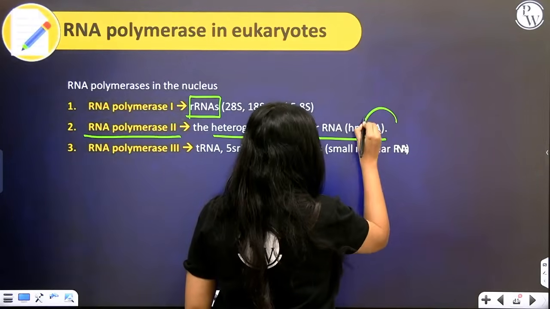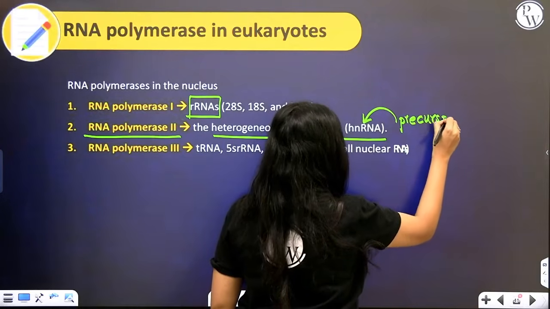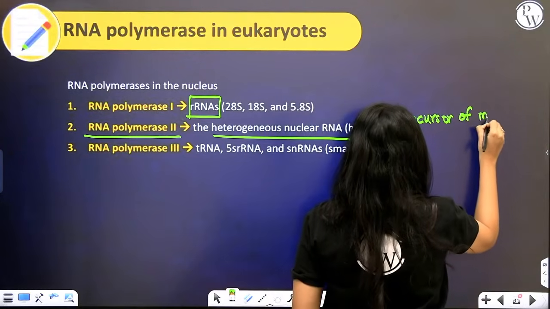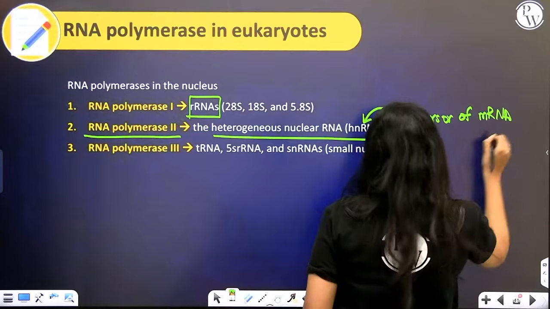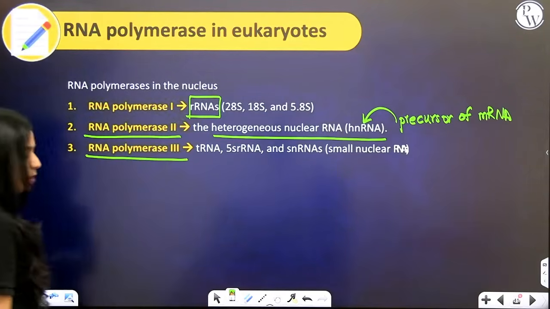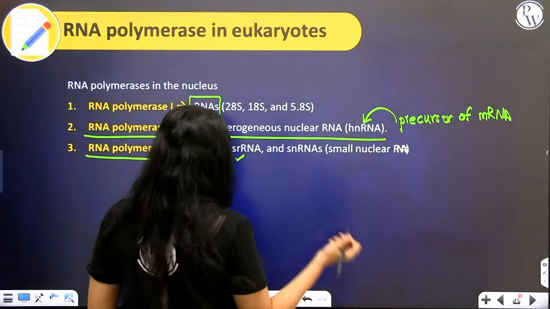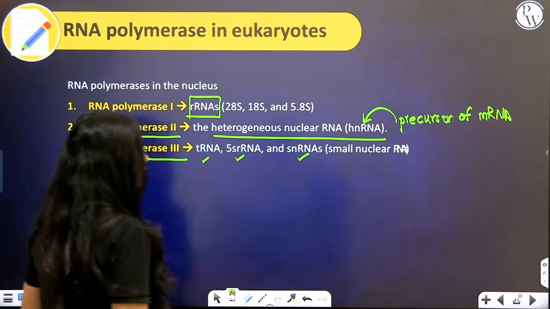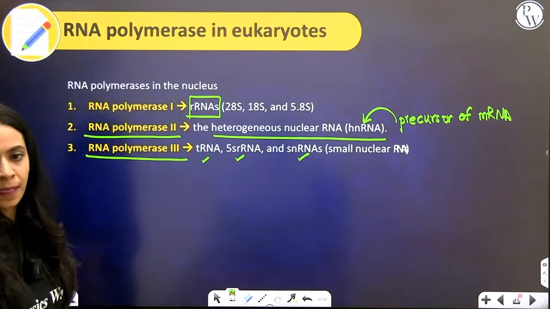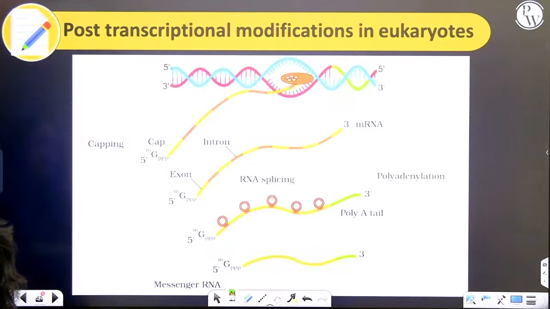This basically is a precursor of mRNA. We'll learn about this in just a little bit. And we have RNA polymerase 3 that is involved in the transcription of tRNA, 5S rRNA, and small nuclear RNAs. So it's important for you to know this.